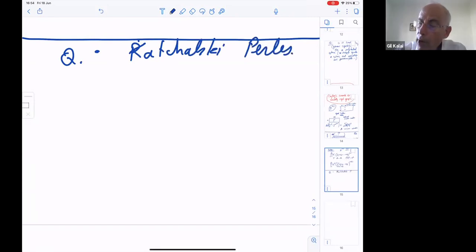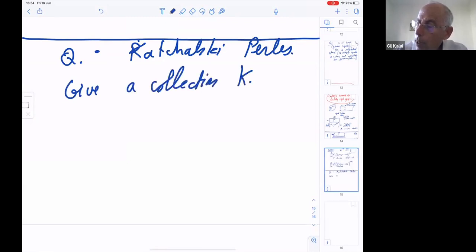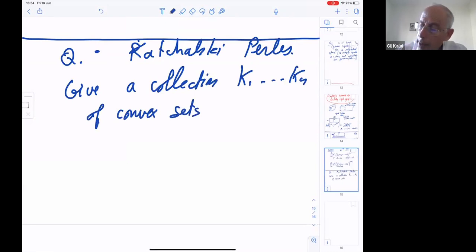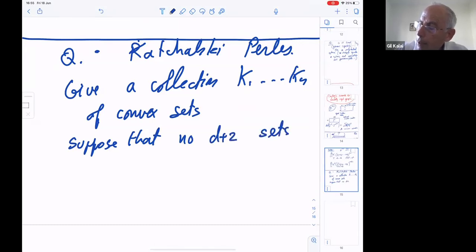It was the following: suppose you are given a collection K1 up to Kn of convex sets, and suppose that no d plus 2 sets have a point in common.